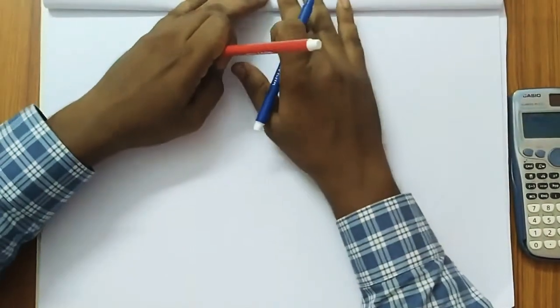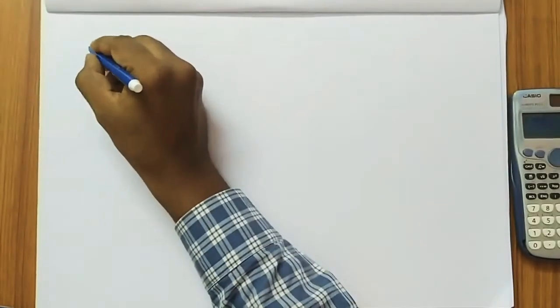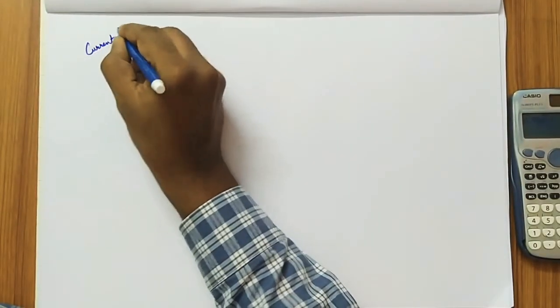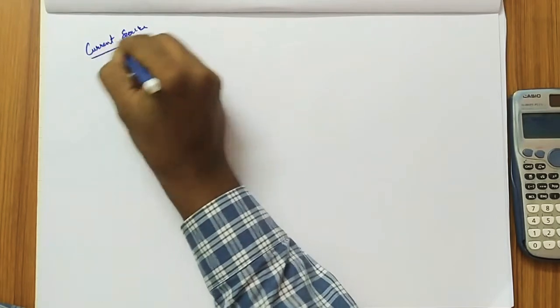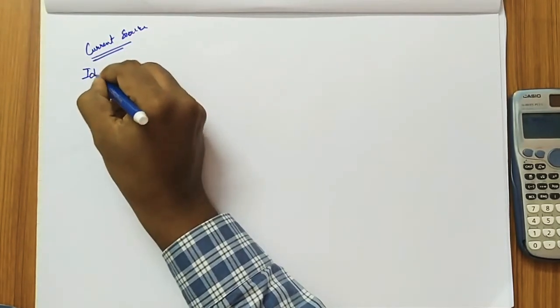Now we will go to current sources. So what is a current source? What is an ideal current source? We will go in a similar fashion.